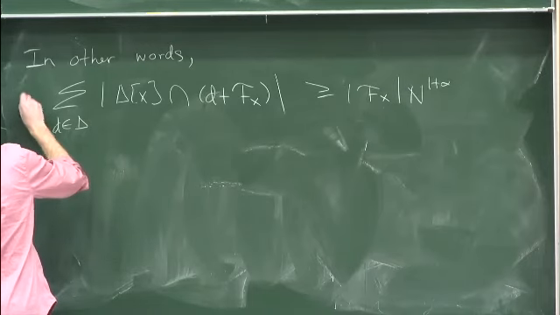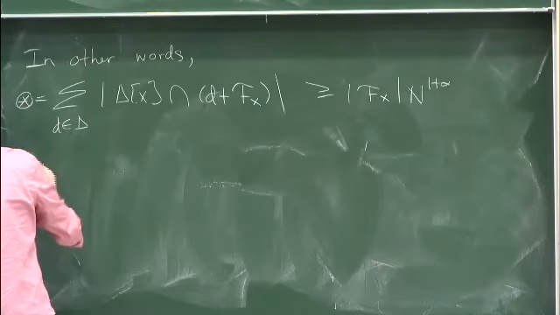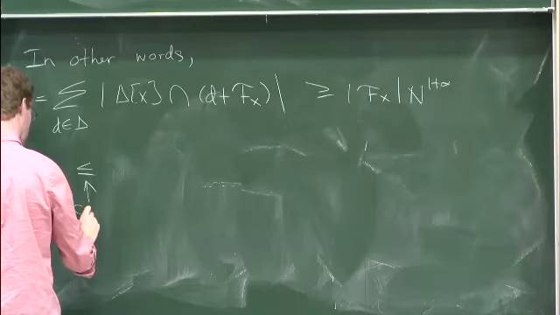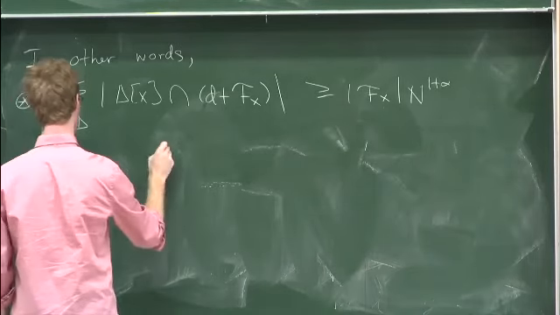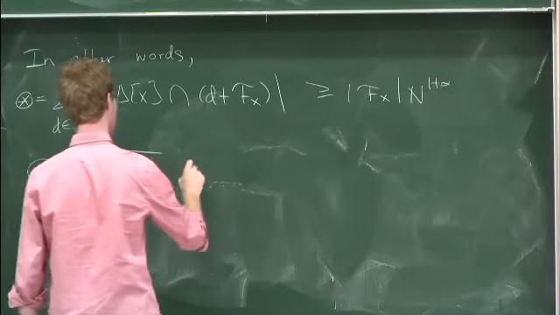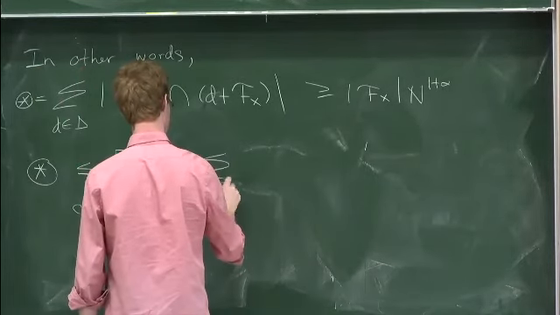So this, if I just apply the Cauchy-Schwarz inequality, then I get the size of delta, the 1/2, times this other number.